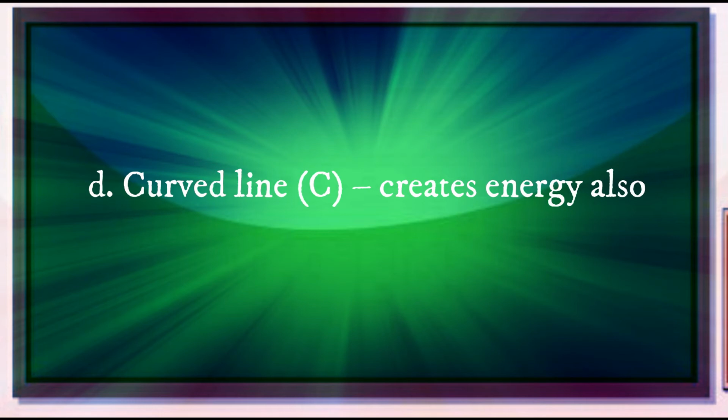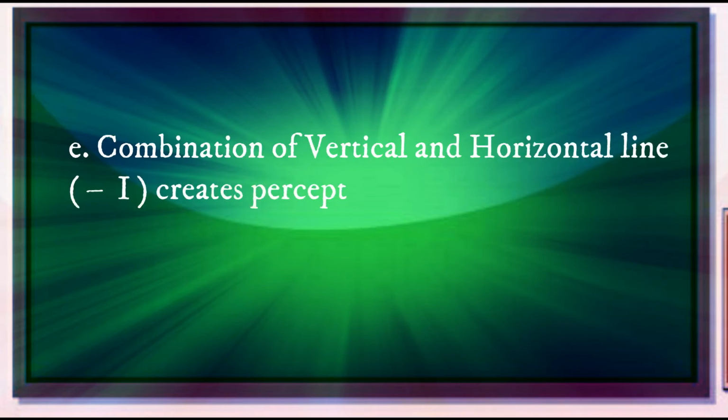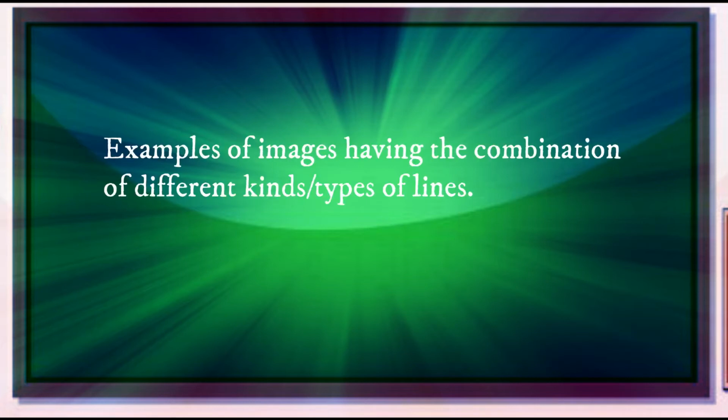This creates energy also. Last is the combination of vertical and horizontal lines. This creates perception. We have here examples of images having the combination of different kinds or types of lines.